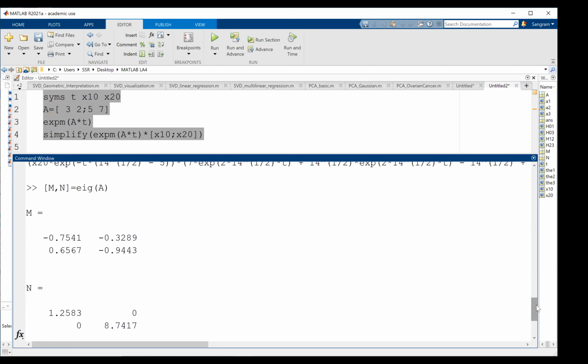And you may say, why this weird choice? What does that mean? It means x1 is a linear combination of 0.75 y1 minus 0.32 y2, and x2 is equal to 0.65 y1 minus 0.94 y2.